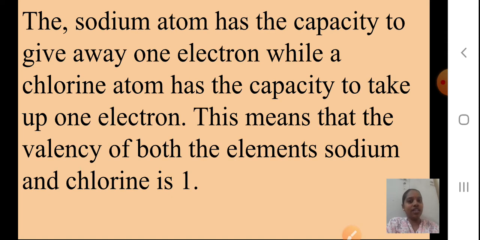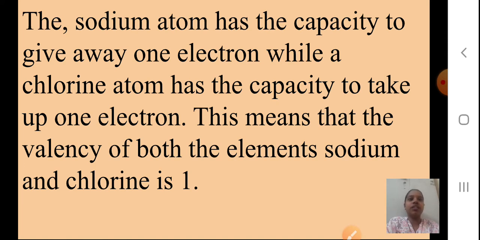It takes that one electron. So what is happening here? Sodium is giving one electron, so its valency is 1. Chlorine is accepting one electron, so its valency is also 1. So we say that the valency of both the elements, sodium and chlorine, is 1. I hope you understood this.